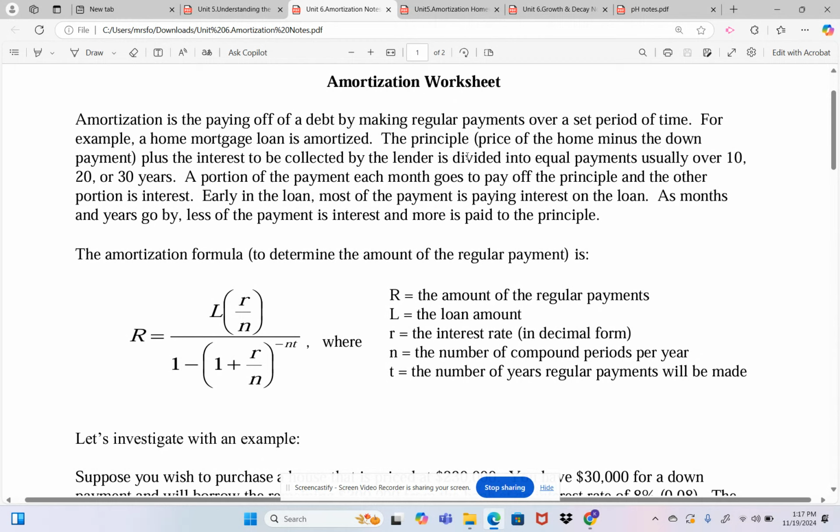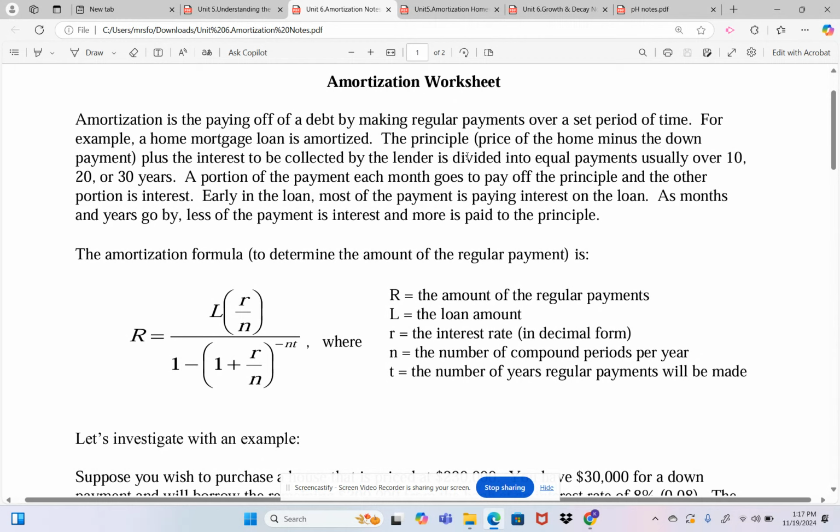So, we're looking at paying off a debt by making regular payments over a set period of time. For example, a home mortgage loan, the principal, which is the price of the home minus the down payment, plus the interest to be collected by the lender, is divided into equal payments, usually over 10, 20, or 30 years.